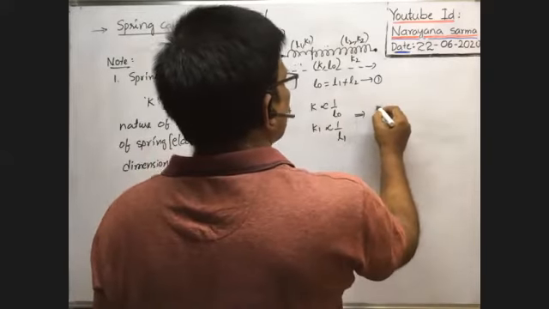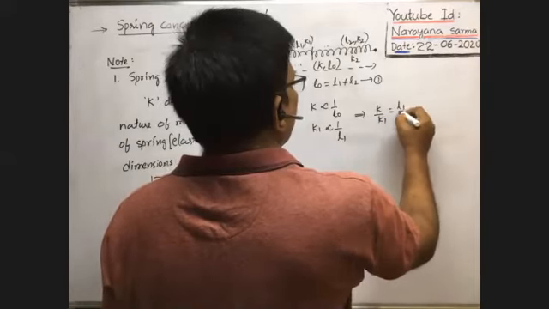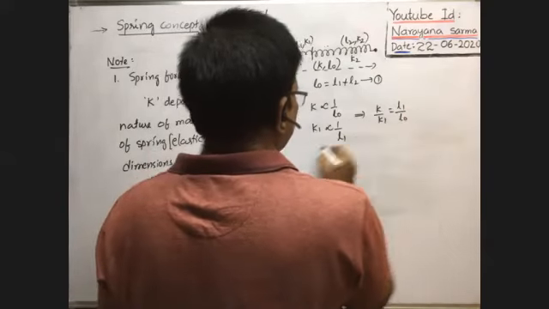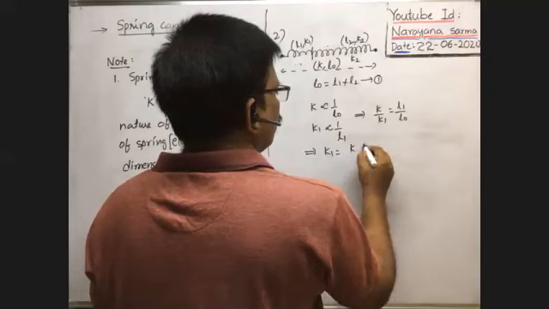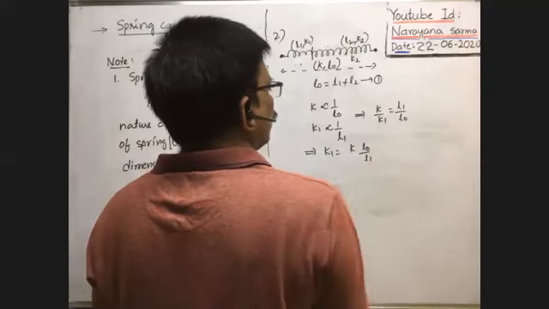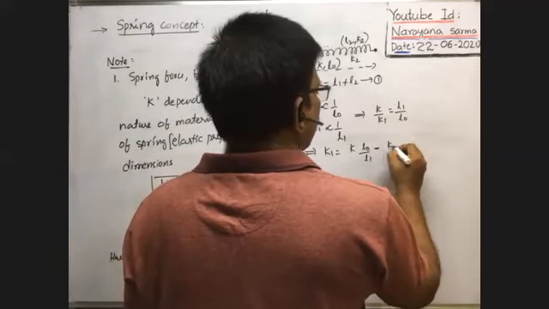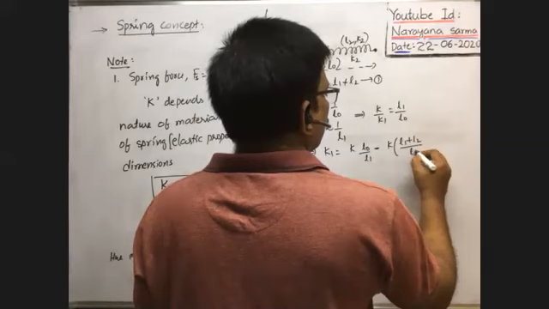When you divide these two equations, K by K1 is equal to L1 by L0. That implies K1 is equal to K into L0 by L1, which is K into (L1 plus L2) by L1.